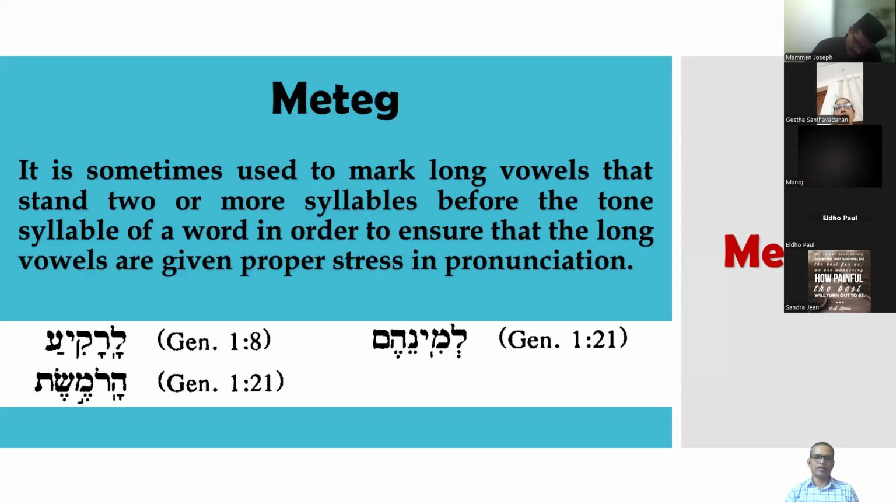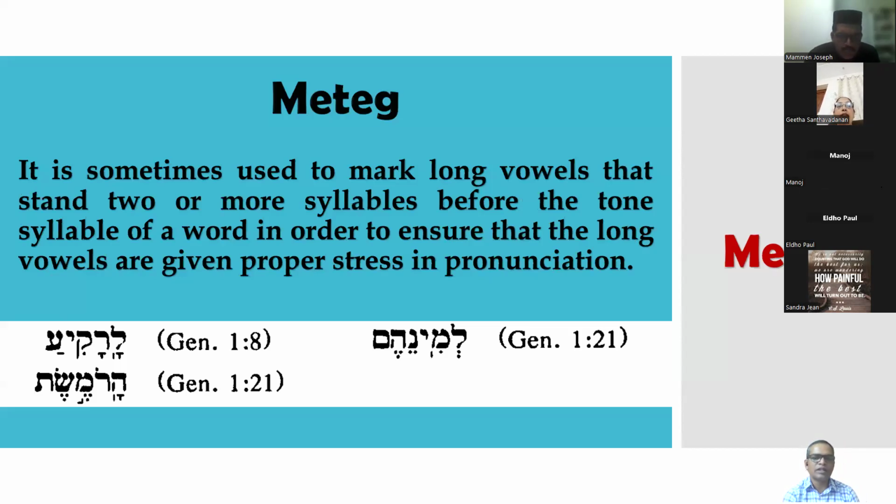All right. So if you look at the examples which I have given here, Lara Kia. So Lara Ki is the tone syllable. What is that one small horizontal stroke that appears underneath the last letter, Lamed?